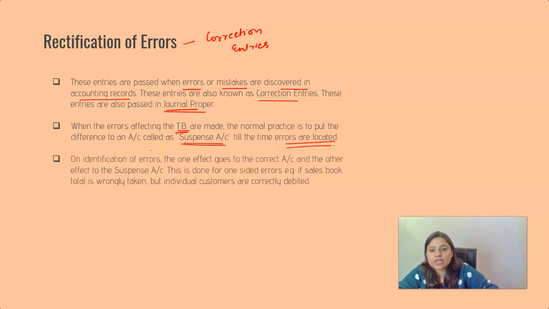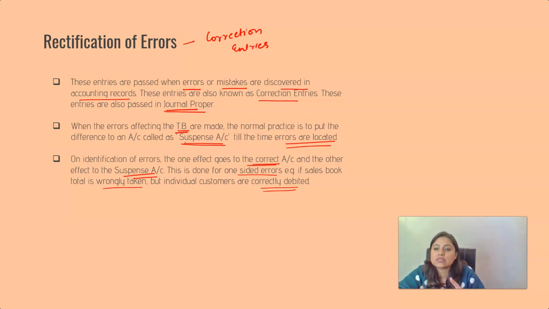On identification of errors, how will we nullify this suspense account? One effect goes to the correct account and the other effect to the suspense account. This is done for one-sided errors. Example: if the sales book total is wrongly taken but individual customers are correctly debited. Usually the suspense account treatment is done for a one-sided error.